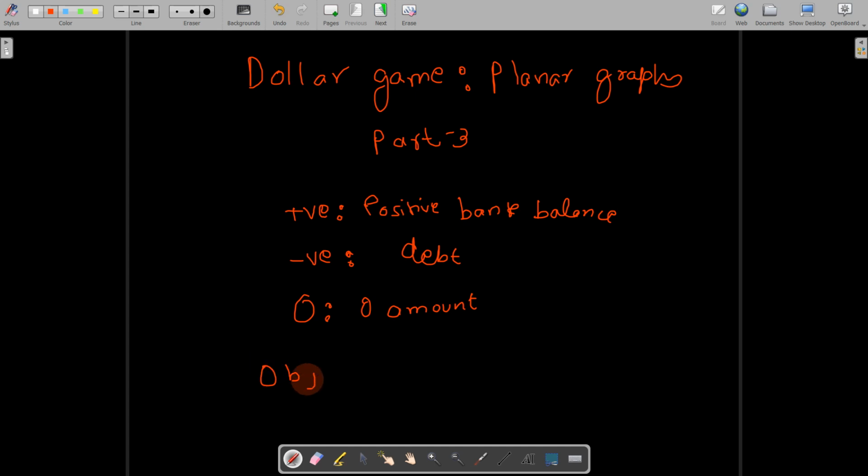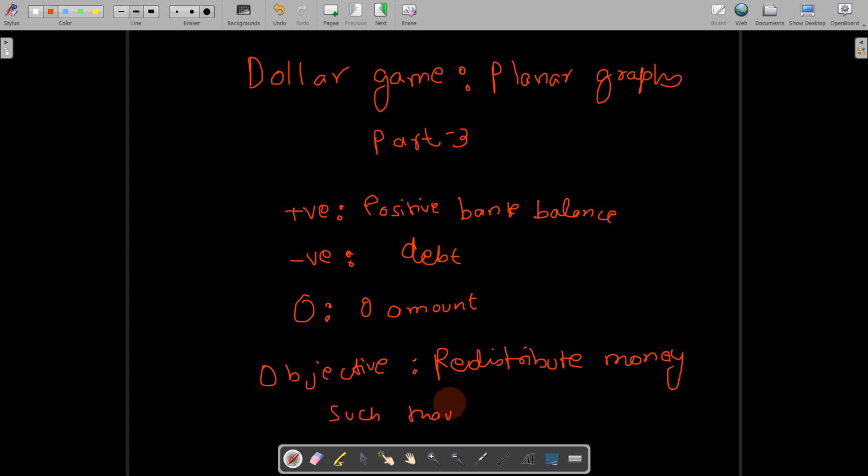So the objective is to redistribute the money such that there is no debt node in the whole network.